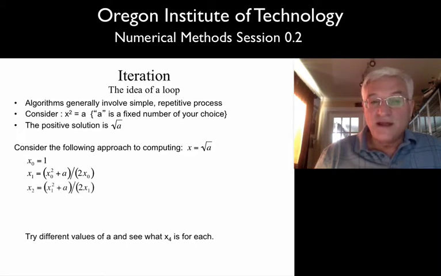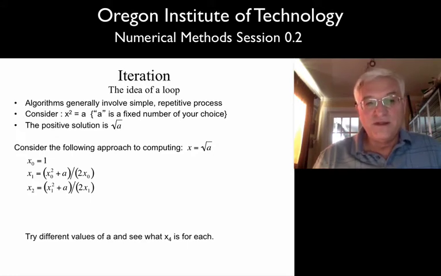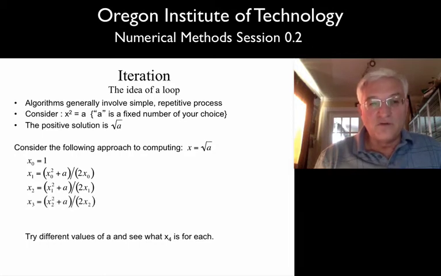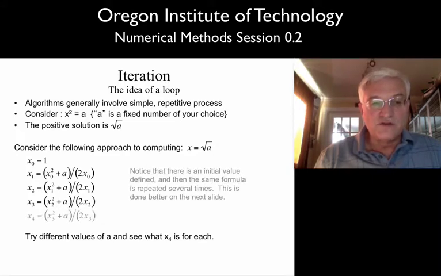Then we will try again. We will take the x1, when we find out it wasn't close enough, and we will square it, add a again, and divide by 2x1 and come up with x2. Each time we will check x2 by squaring it and seeing how close it is to the number a. And we'll keep doing this over and over again until we are satisfied that we're close enough through direct checking of the square of the solution.